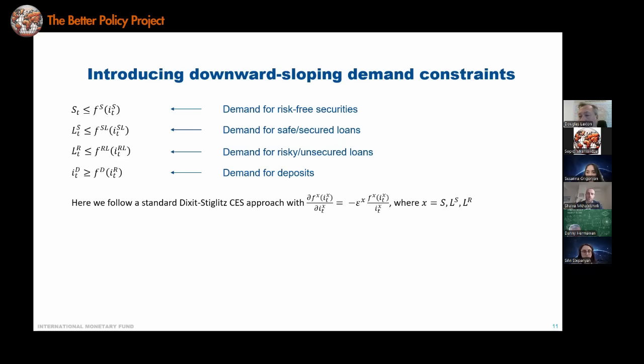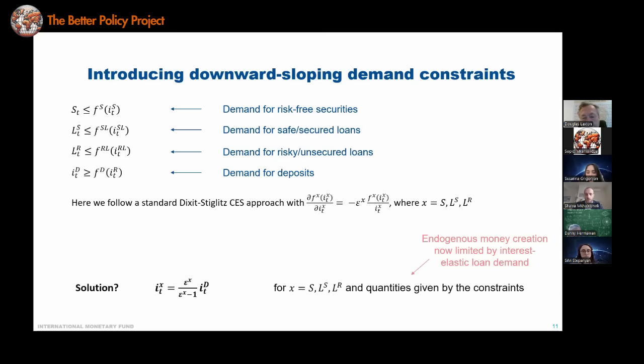That's why we just assume this very simple assumption, and in fact, it follows the standard Dixit-Stiglitz CES approach, constant elasticity of substitution, which says that when interest rates increase, loan demand declines. That's the only key idea that we need. If we just add those constraints to the bank's optimization problem, then the solution becomes finite.